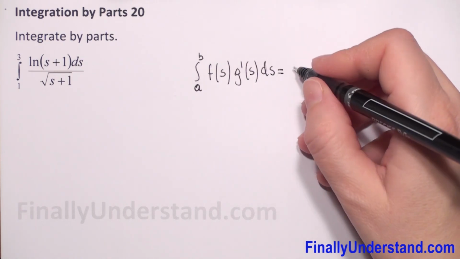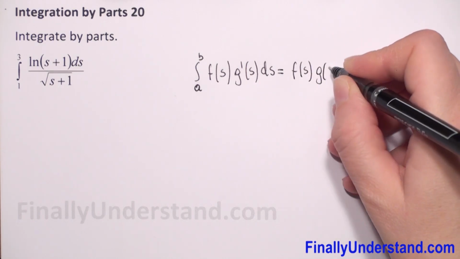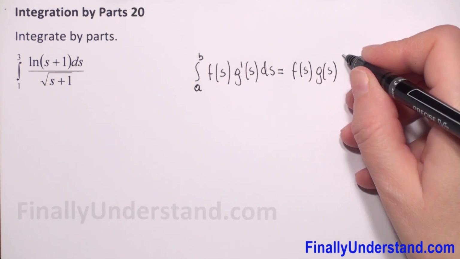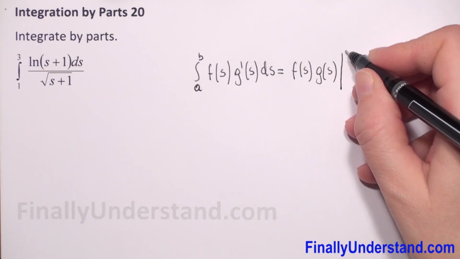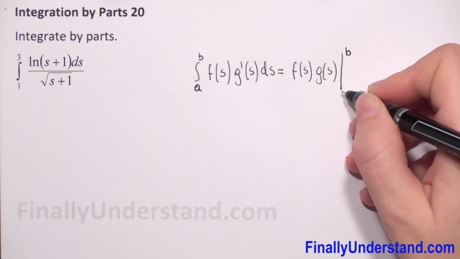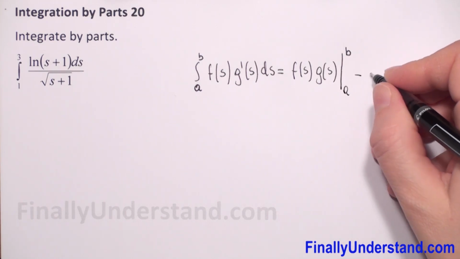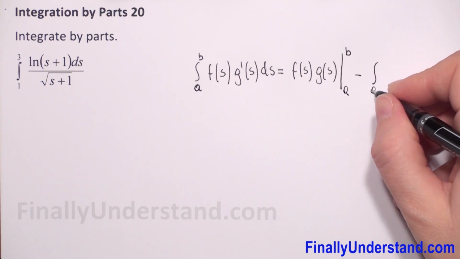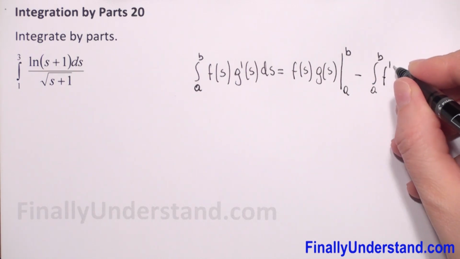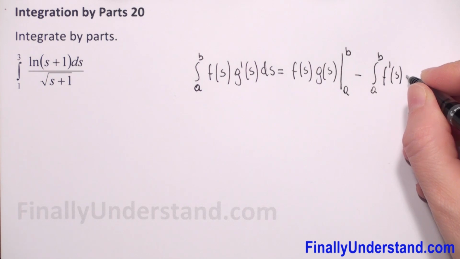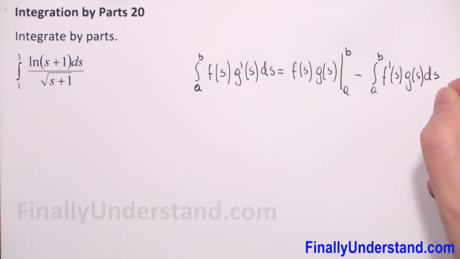This is equal to f of s times g of s, and we need to put vertical bar, with the upper limit b on the top and the lower limit a on the bottom, minus integral from a to b of f prime of s times g of s with respect to s.